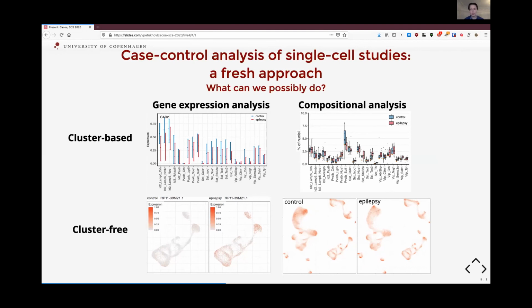Yes, thanks for the question. It's a really good one. Indeed, most of our tests are on neuronal datasets, particularly because our lab is neurodevelopmental, and there are just lots of them. But indeed, we tested it on one cancer dataset, and it worked. It does not require you to know cell types extensively, and especially if you do it cluster-free, you don't need any subtypes at all.